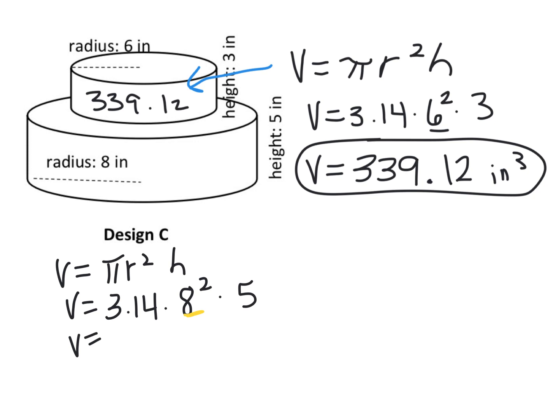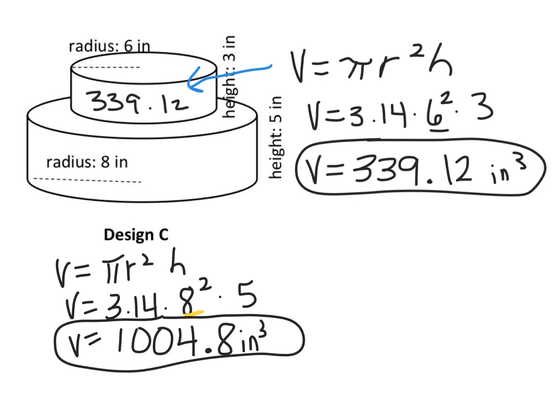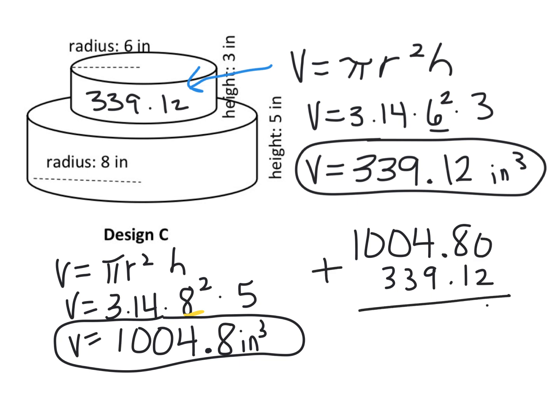All right, and that is 1004.8 inches cubed. Okay, and then the last step would be to total that up. What's the total volume for this cylinder shaped cake? So add that up.